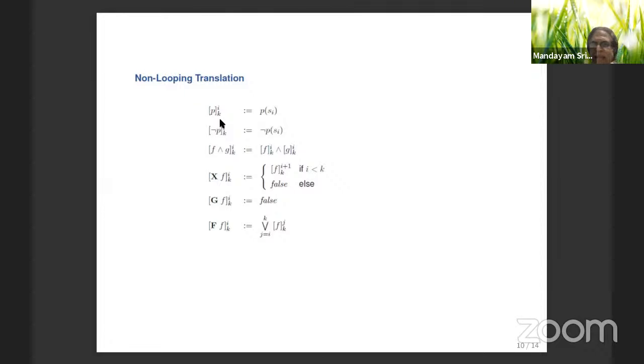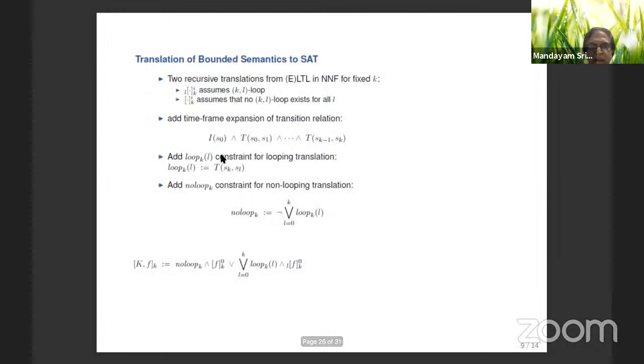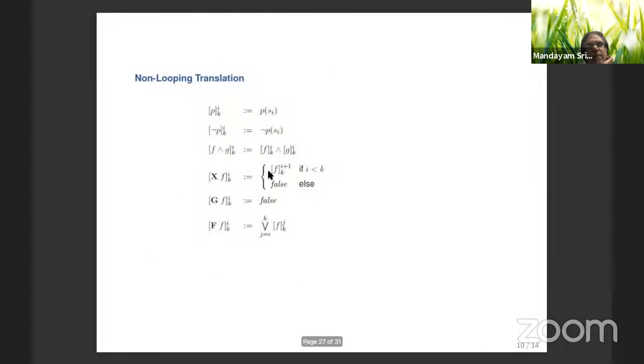So the translation takes a K-long path characterized by this formula, and what I'm showing is how these two translations, non-looping translation and looping translation, are defined. Okay, so this is for non-looping translation. Negation and F and G are just defined as a propositional combination, no complication there.